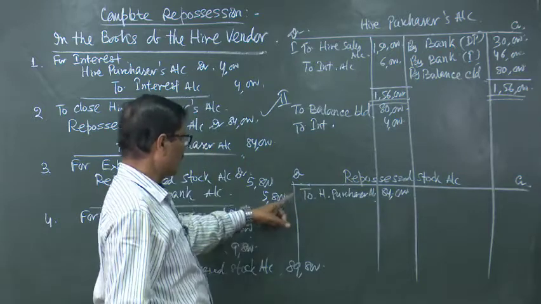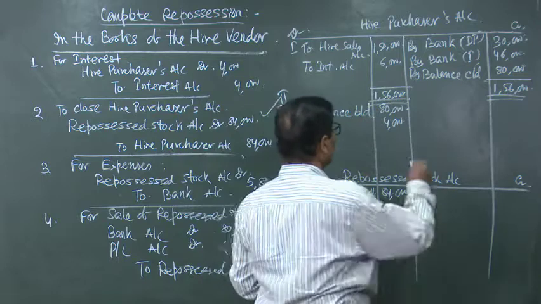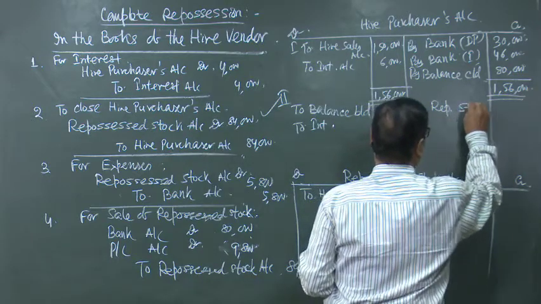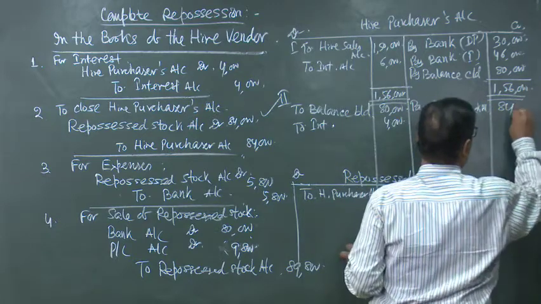Repossessed stock account debited to hire purchaser account 84,000 means hire purchaser account is credited by repossessed stock account 84,000.